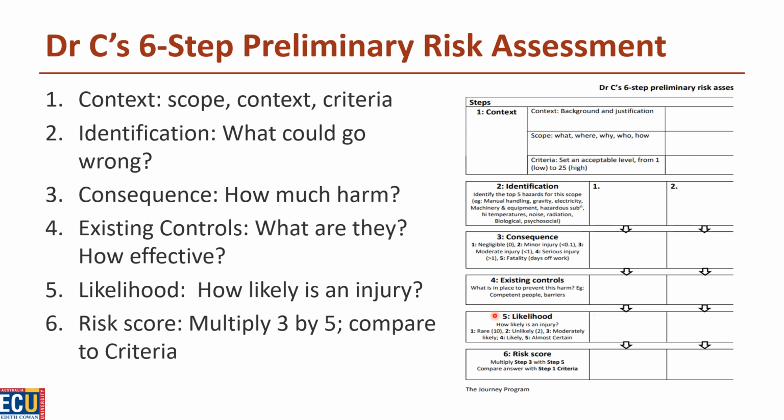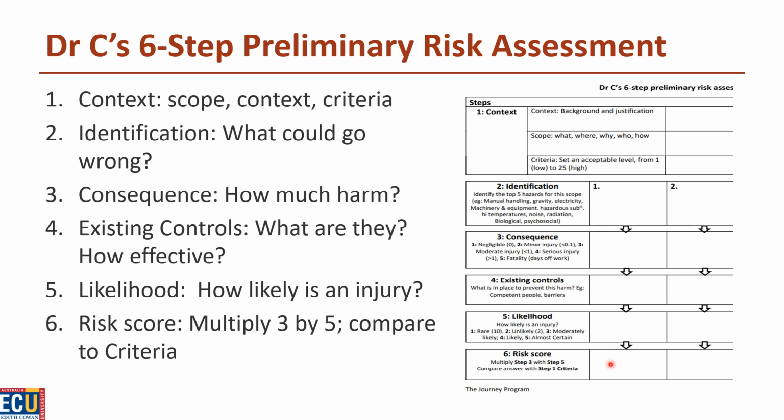Next, we have to think about the effect of those controls. Those controls will reduce the likelihood of the injury. So we have to consider, on a scale of 1 to 5, similar to what we did with the consequence, how likely an injury is during this task, considering those controls.